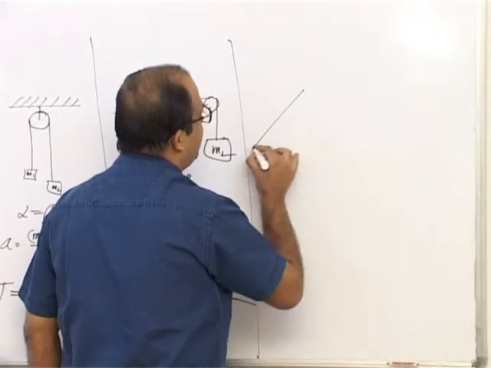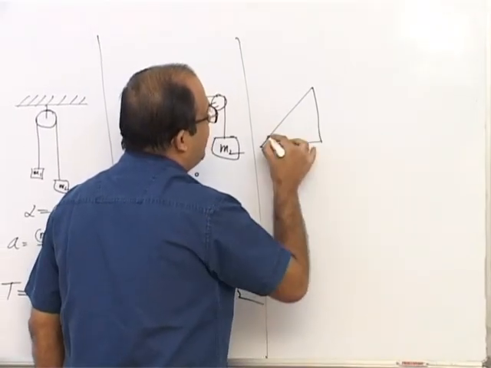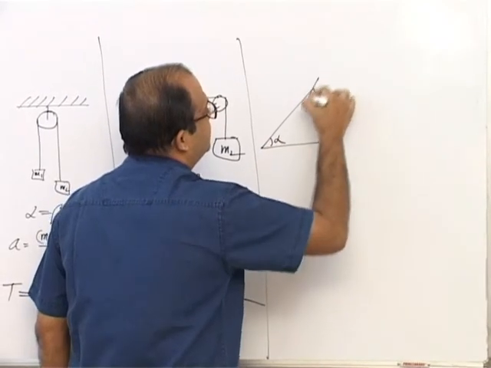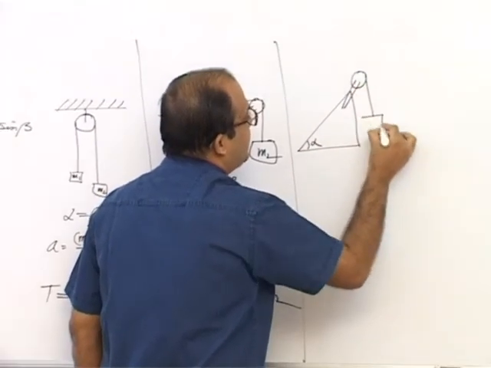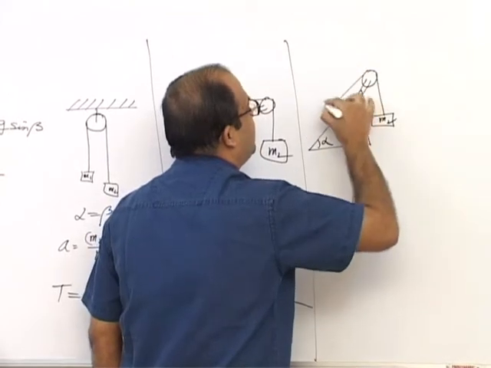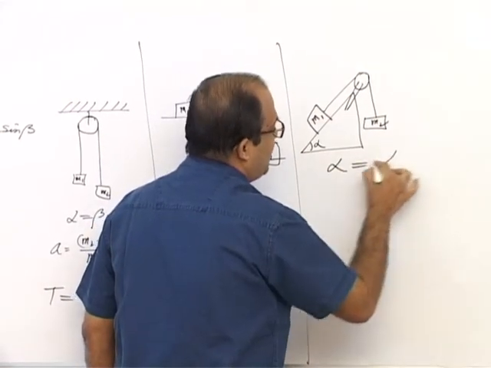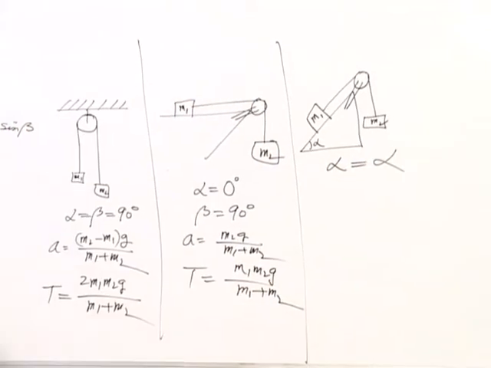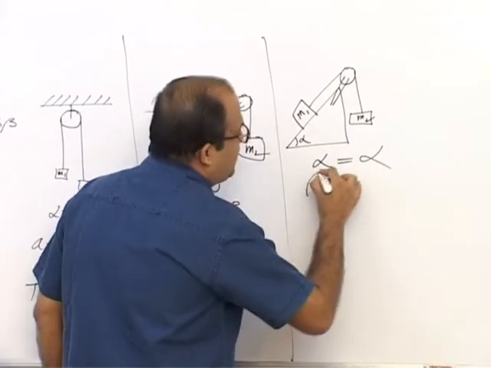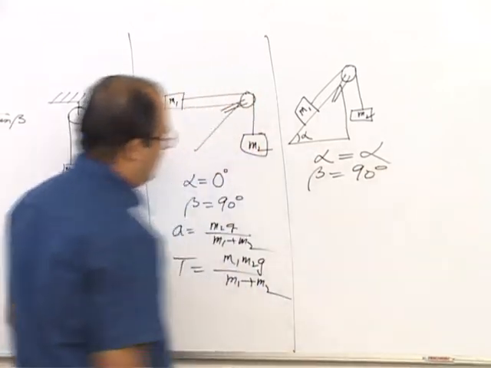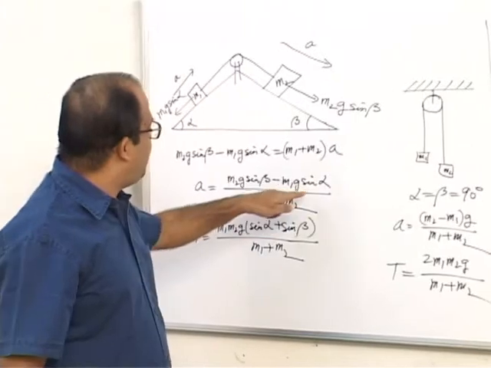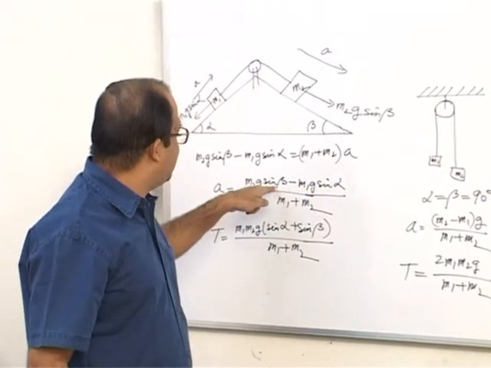In the third case, we had one inclined plane, but this angle was alpha. This was m2 and this was m1. So alpha is equal to alpha, right? And beta is equal to 90 degrees. So we can substitute in this equation. Alpha is alpha, beta is 90 degrees.